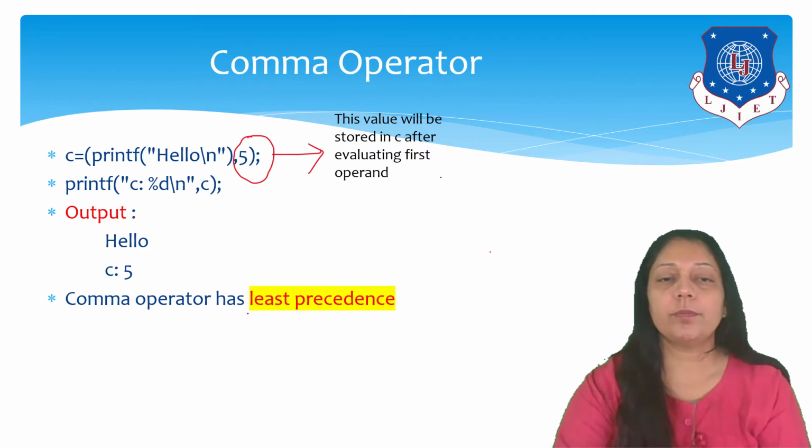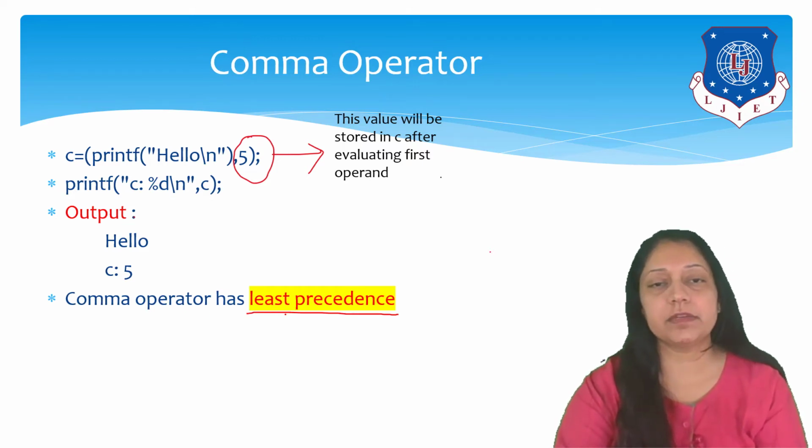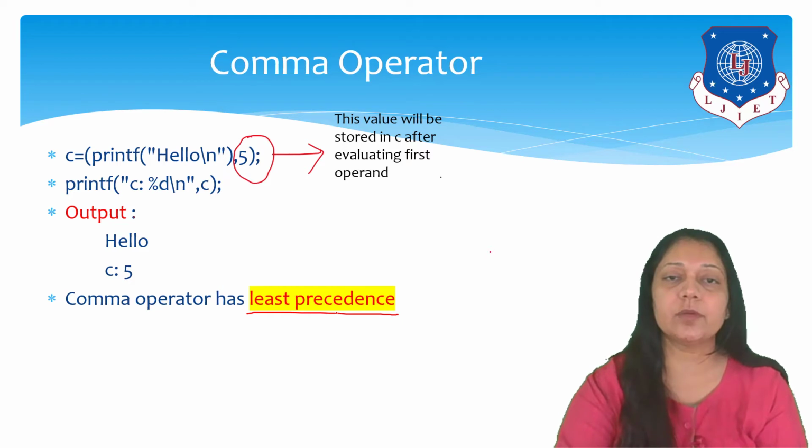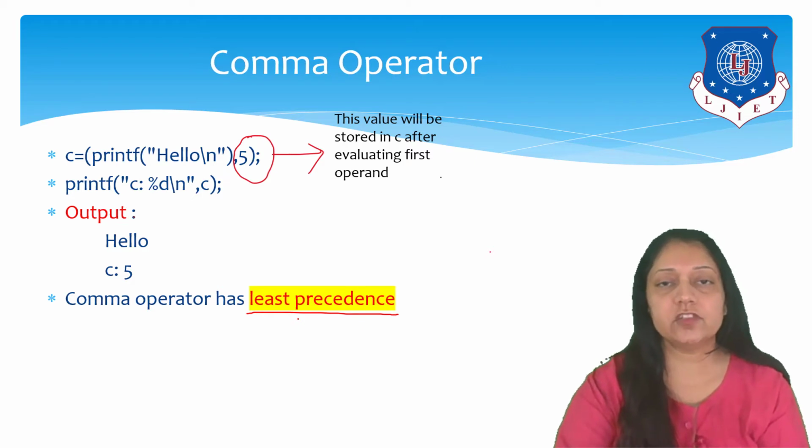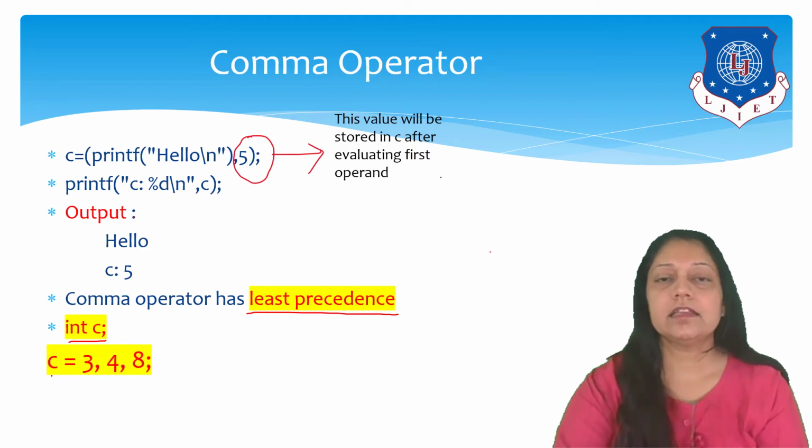Next, the comma operator has the least precedence. Precedence means the priority. Out of all the operators available in the C program, the comma operator has the lowest precedence, or you can say the lowest priority. Let us understand this point with an example. I have a variable c of integer data type. Then c is equal to 3, 4, 8.